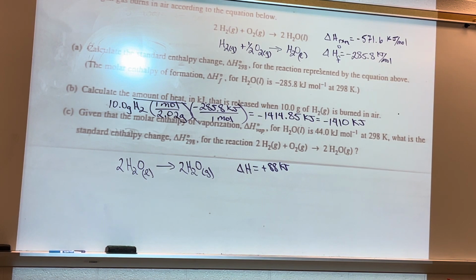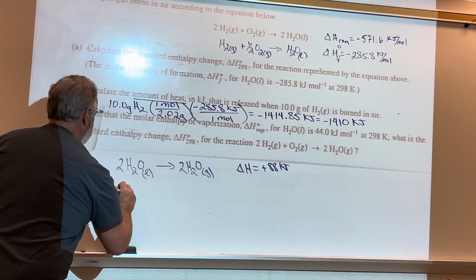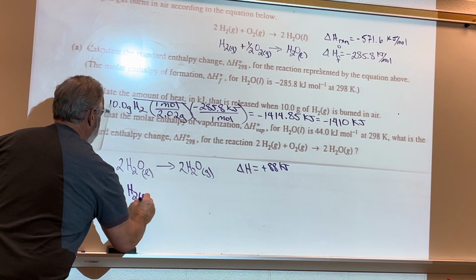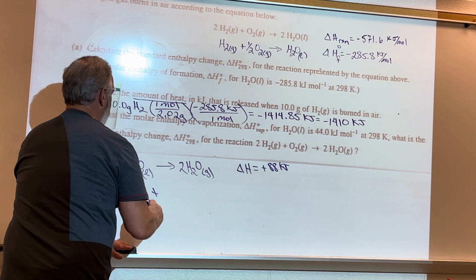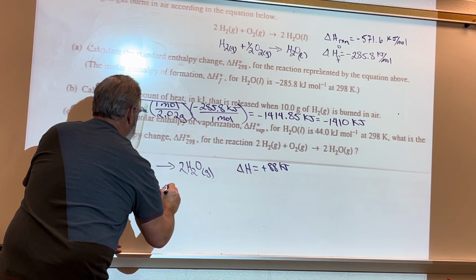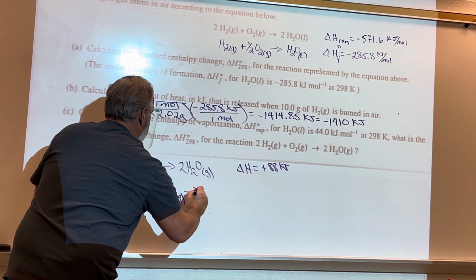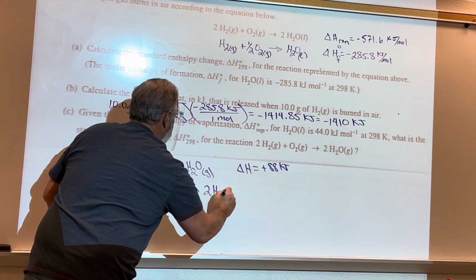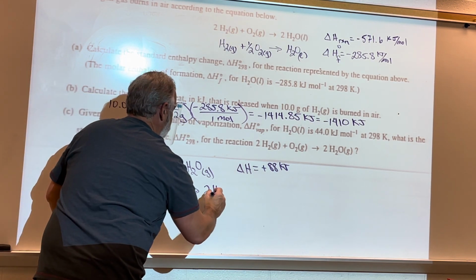H2O liquid, oh, the liquid's got to go, well, it is on the right-hand side. Did I do it backwards on the last one? It's going to come out different. Anyway, let's see, 2H2 gas plus O2 gas goes to 2H2O liquid.